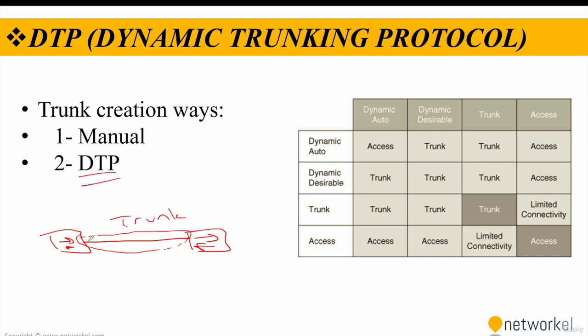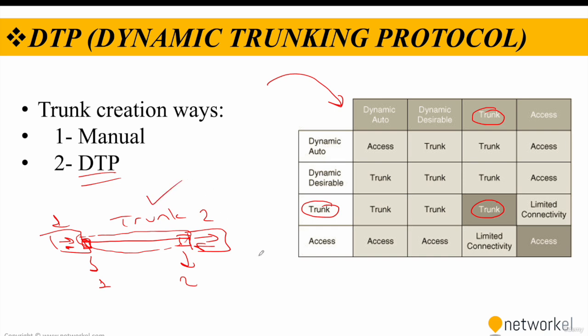So if you are using DTP, you need to make sure for these ports connecting to each other, let's say port 1 of switch 1 and port 2 of switch 2. If you just want to establish a trunk link, you need to refer to this diagram. For example, if you configure the switch 1 port as a trunk and switch 2 port 2 as a trunk as well, then you will end up with a trunk link.